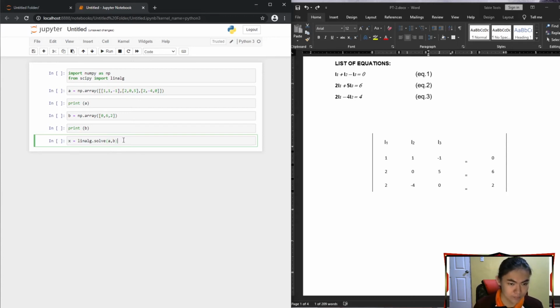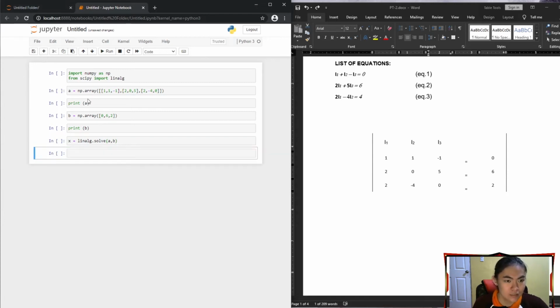So, yan. Then, next naman, para makuha natin ang value nito, dapat lagi maglalagay tayo ng print sa every end. So, parang dyan lang rin kayo nasa print A and print B. Maglalagay tayo ng print X naman dito.